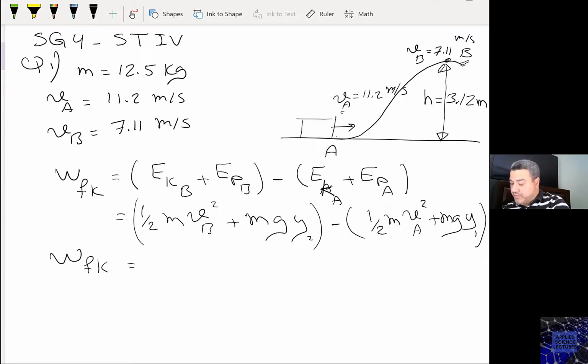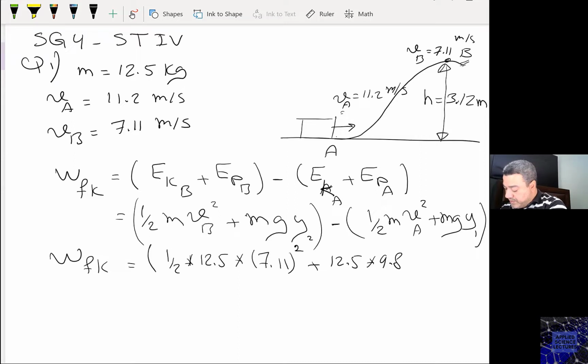So here what do we have? We have the final as half times the mass, 0.5 times the 7.11 squared plus 12.5 times 9.8 times the height, minus.